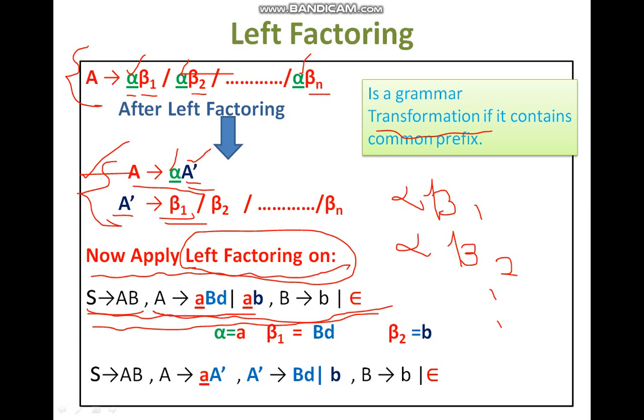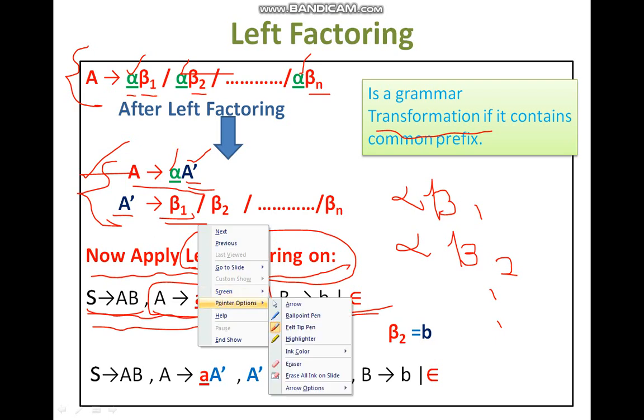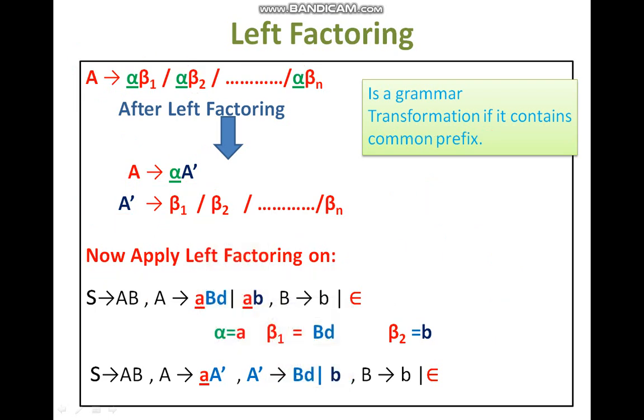Here there is more than one alternative of variable A. So this A is common here, this A is common here. Comparing, alpha would be A, the remaining BD would be beta 1, and this B would be beta 2.